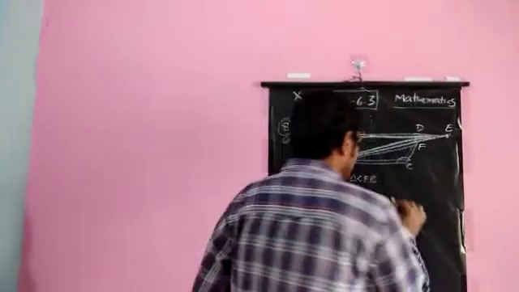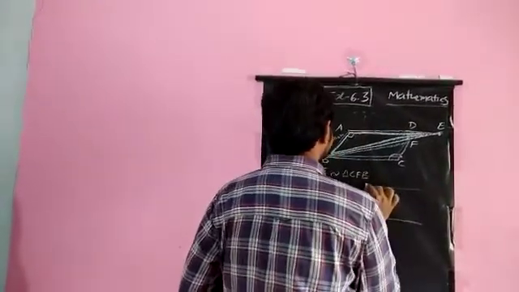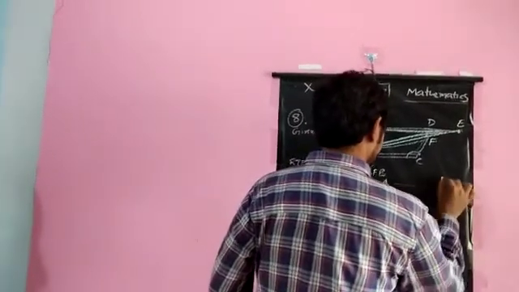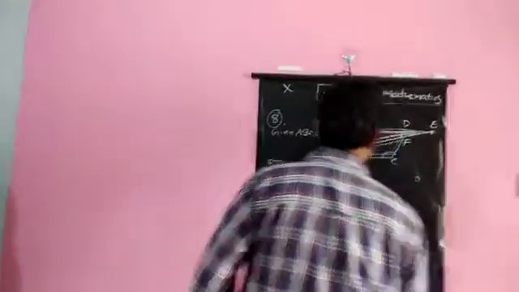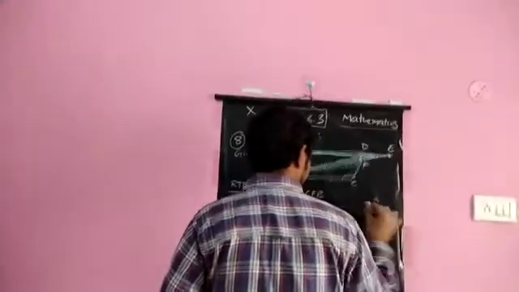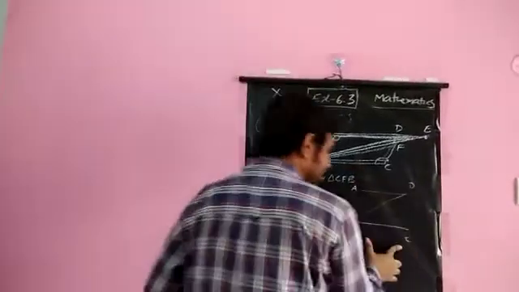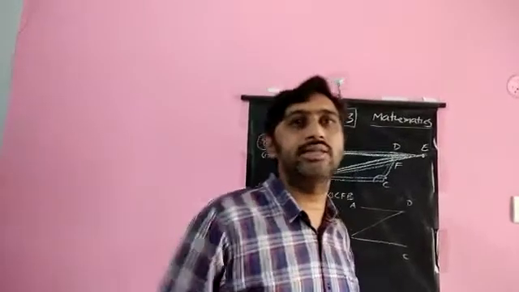In a parallelogram ABCD, AD is parallel to BC. If they mention a parallelogram, that is enough to say that opposite sides are parallel and equal.